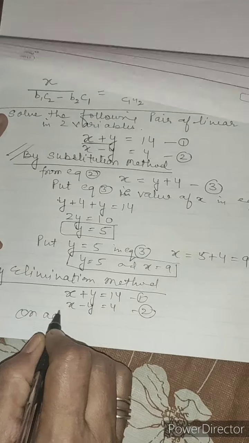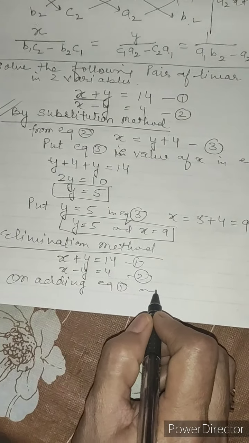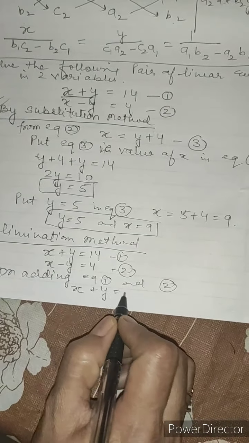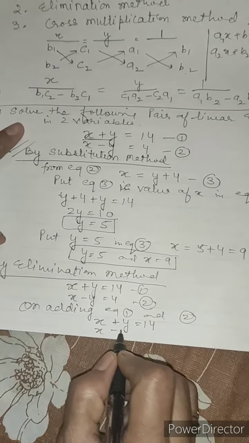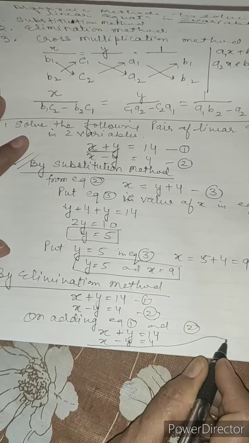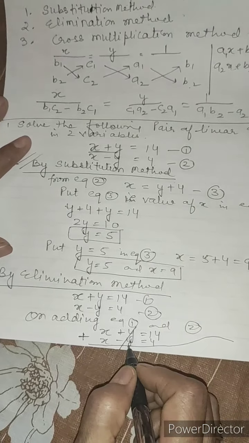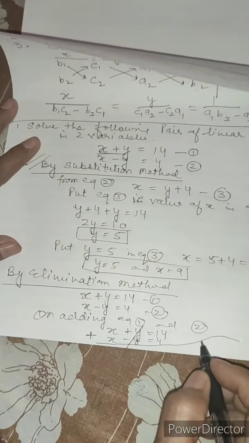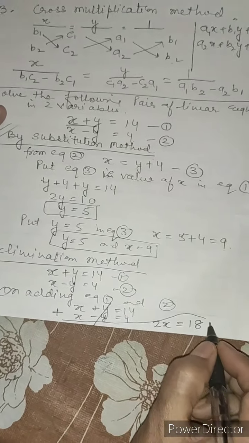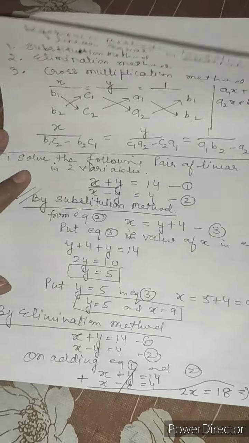On adding equation 1 and equation 2, you can see plus y minus y get cancelled. We will be left with 2x equal to 18. So this implies x equal to 9.